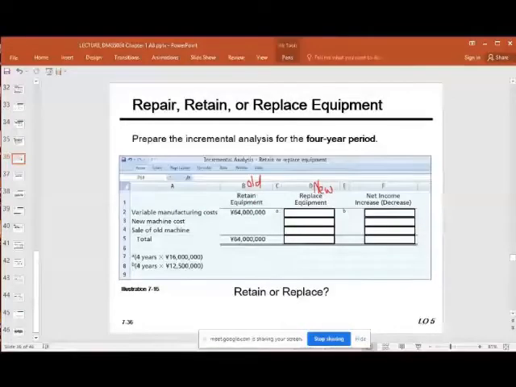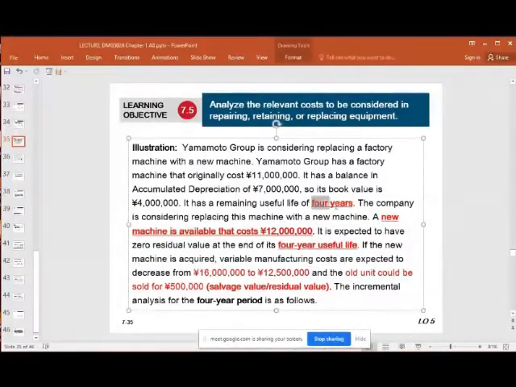If you replace, it means you buy the new machine. So there are a few things here. First one is your variable manufacturing cost. So we need to calculate based on 4 years, because just now it mentioned that you can use it for 4 years. The new machine also 4 years.